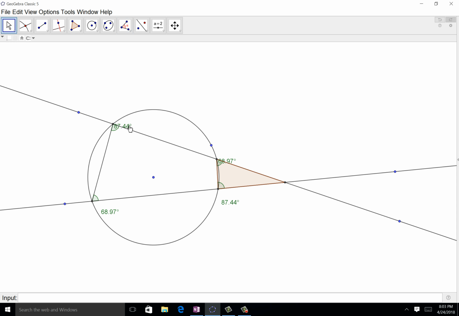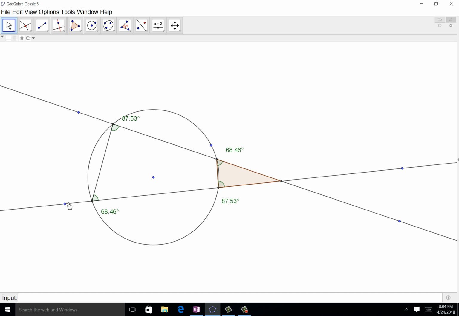Let's see what we have. Oh, we have 87.4. And we have 68.97. So we can see that in actuality the angles are equal. It's just maybe not the ones that we thought. It's the ones that are kind of on the cross here. So this angle and this angle and this one and this one. Interesting.